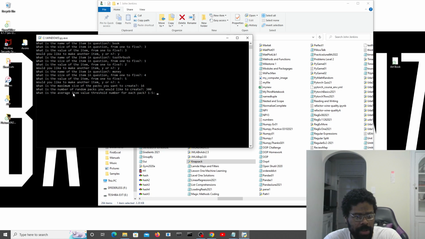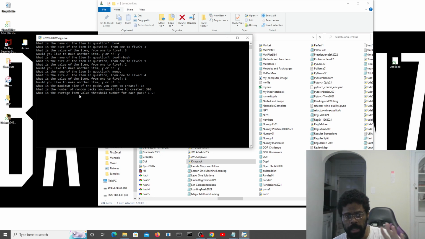And what is the average item value threshold number for each pack? The way that works is that when you have a pack, based on the total number of items in that pack, the average value should be a number between 1 to 5, because the maximum value is 5 and the minimum value is 1.